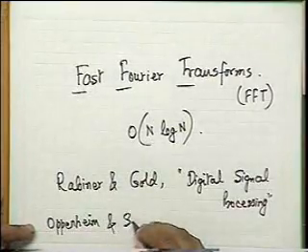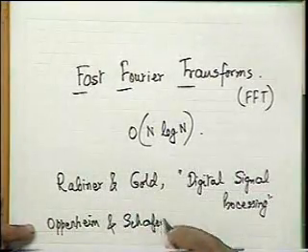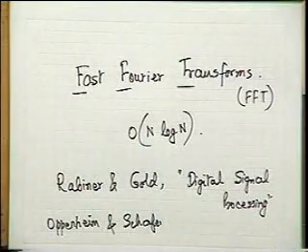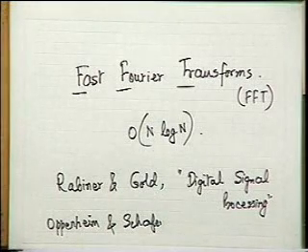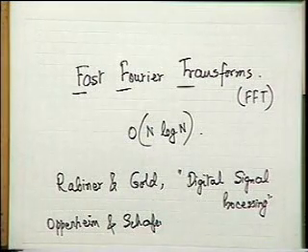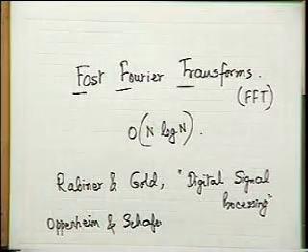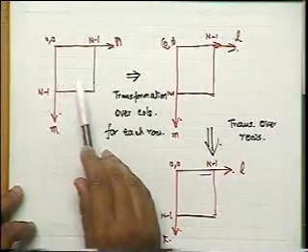Rabiner and Gold is Introduction to Digital Signal Processing, and Oppenheim and Schaeffer is Digital Signal Processing. There is also a recent book by Oppenheim and Schaeffer, Discrete Time Signal Processing. You can refer to these books, where the fast Fourier transform algorithms have been well explained.